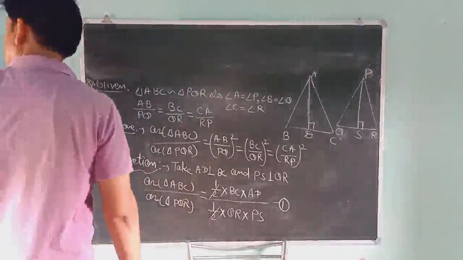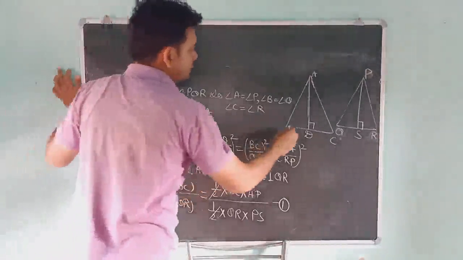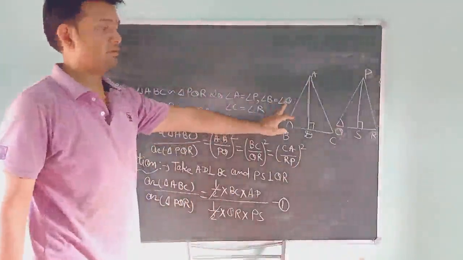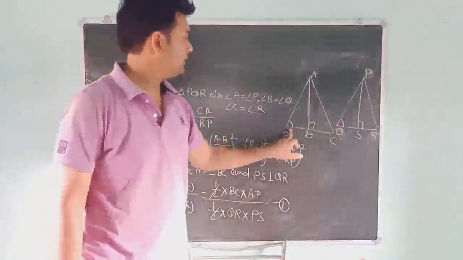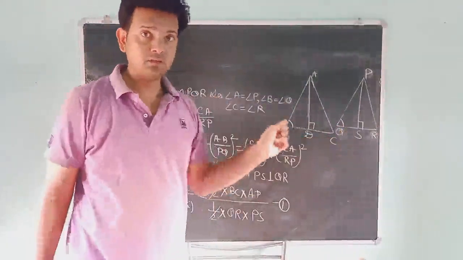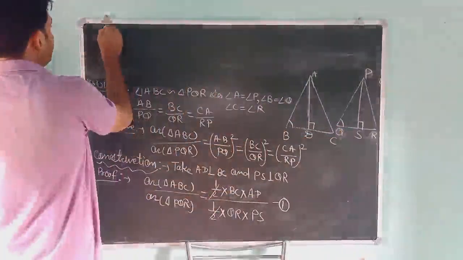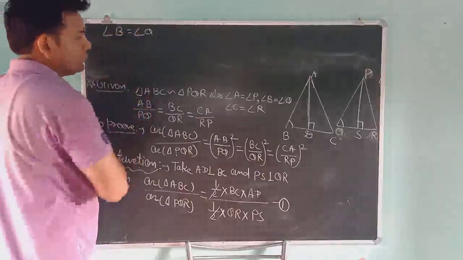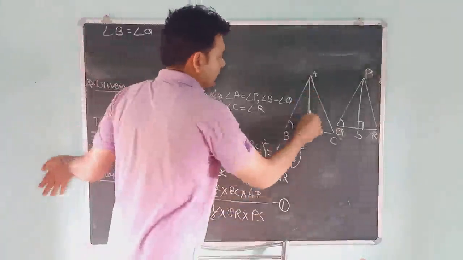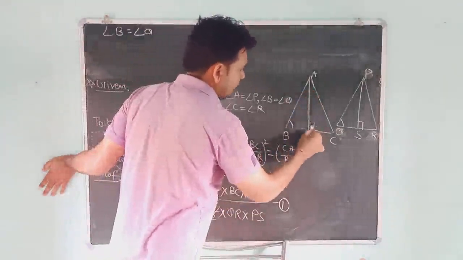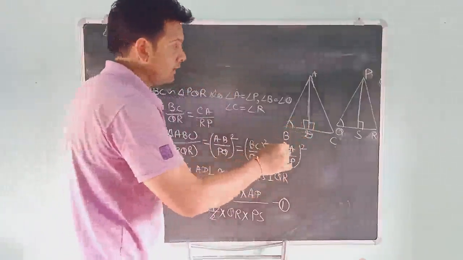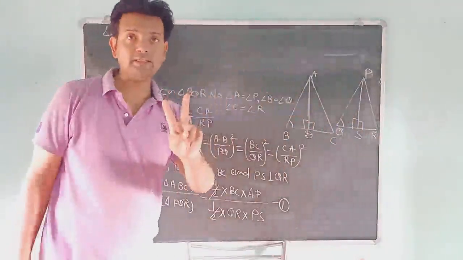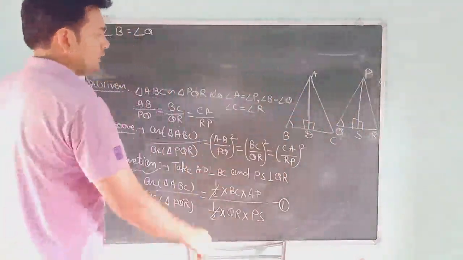So students, here you can see that angle B and angle Q are equal. I already told you, angle B and angle Q are equal. Okay. Students, this is 90, so this is also a 90-degree angle. So these two angles are 90 degrees, so these two angles are also equal to each other.